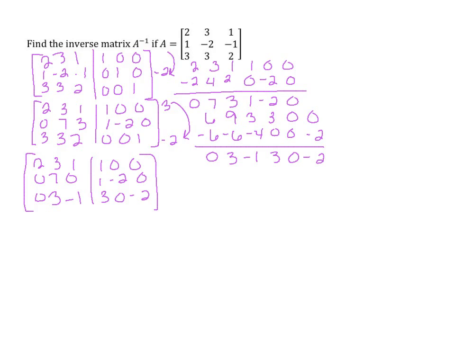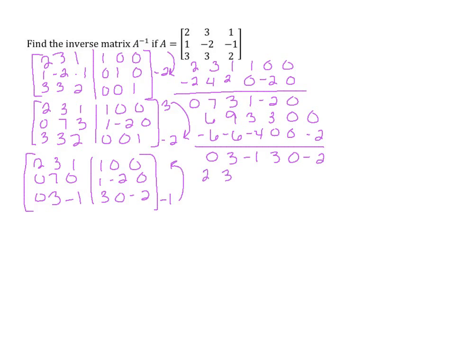Alright, now we need zeros above and below the 7. So I'm going to multiply. We notice our top and our bottom are already the same number, just one needs to be negative. So I'm going to multiply my bottom one by -1 and add it to my top row to replace my top row.